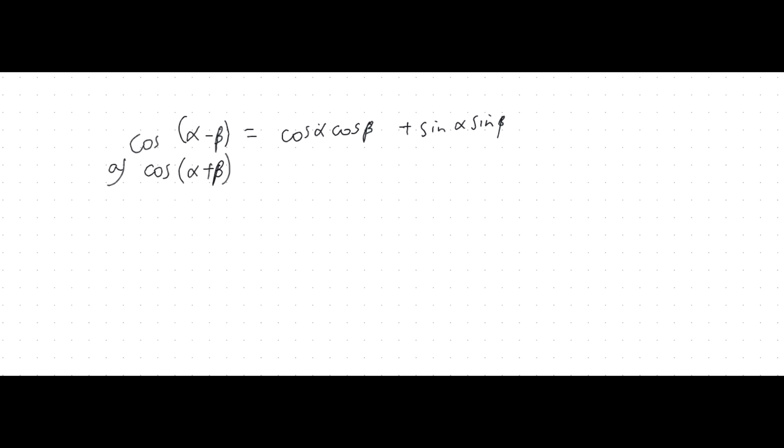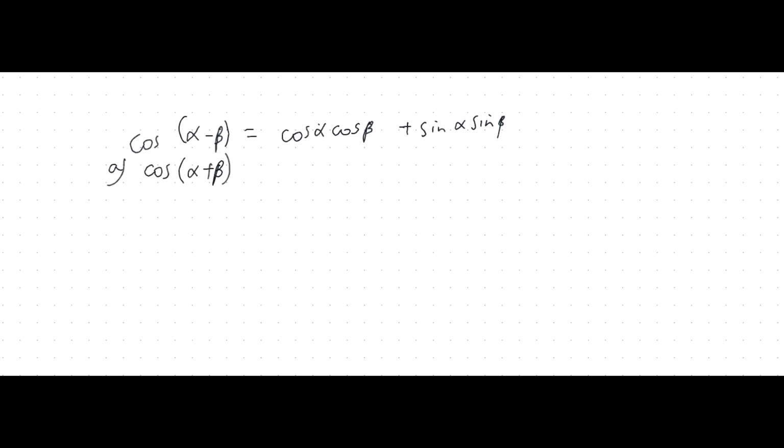So we are trying to derive for this one using what we are given here. In most cases, they tell us what the compound angles are, how they work. So when you have cos alpha minus beta, the way you expand it, you say cos alpha cos beta plus sine alpha sine beta. That's how you expand it. Now we are trying to derive this so that we can find something similar.